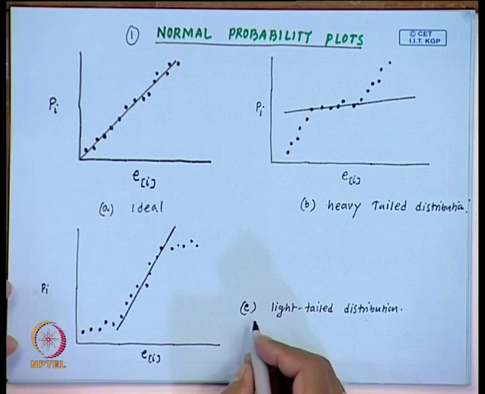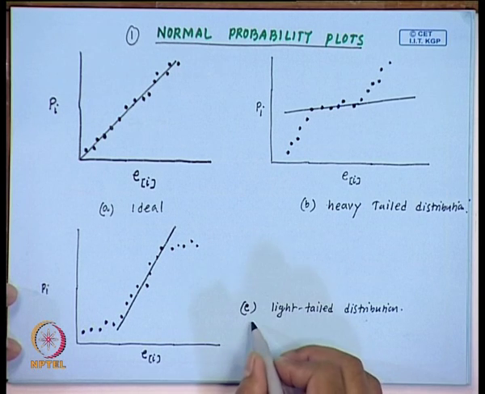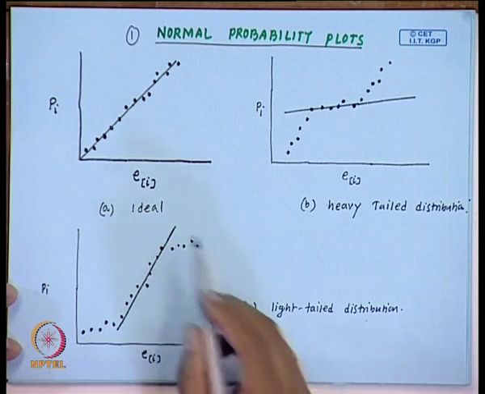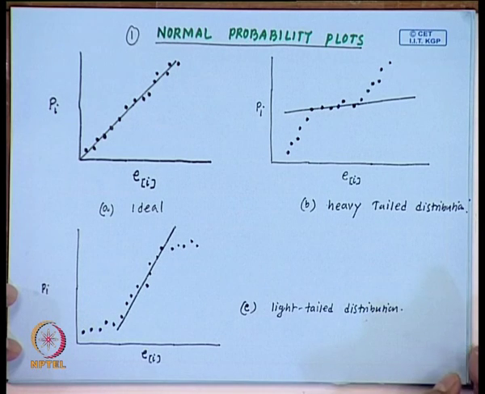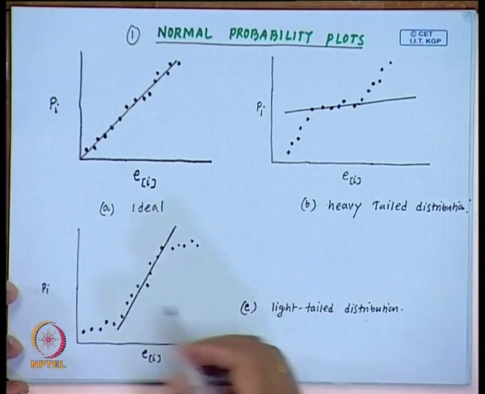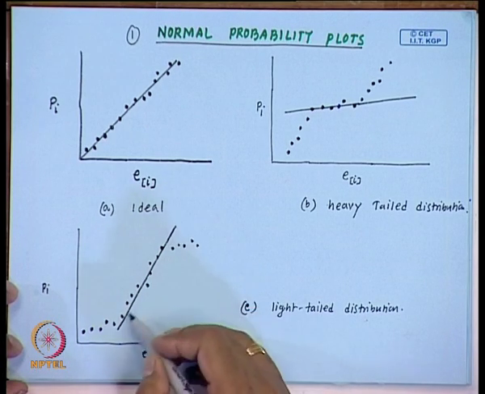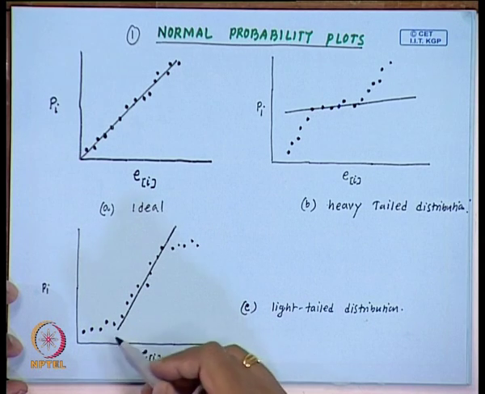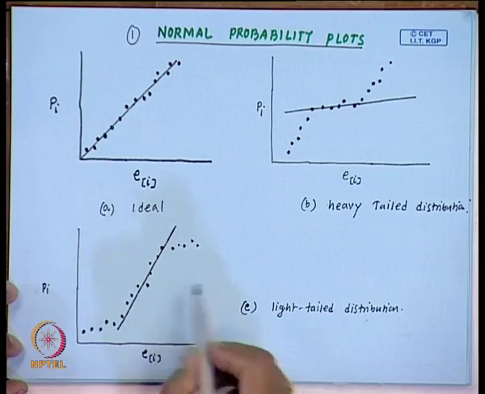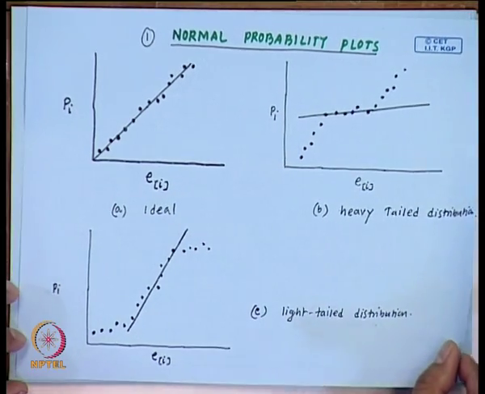And figure C indicates that the distribution of the error term is lightly tailed. Okay. So, there is little deviation, and if such a situation occurs, it is not advisable to assume that the error distribution is normal.